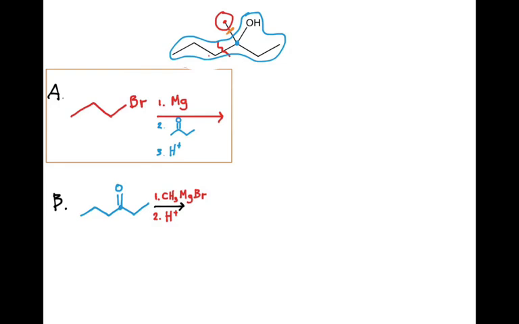So this is the second way I can make that compound. So 2 different ways to synthesize this compound, and clearly you can see the third way to make this is to break this bond here and add our ethyl group again to a ketone. So 2 ways to make this.